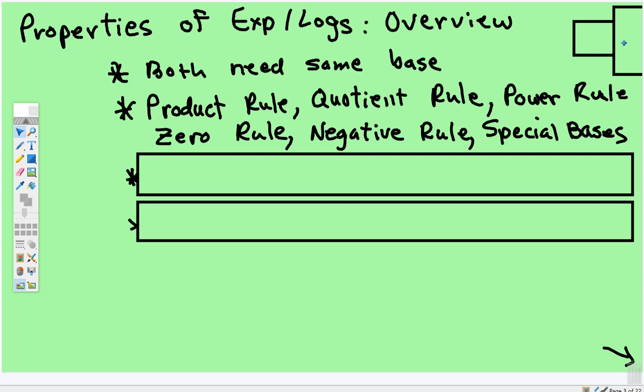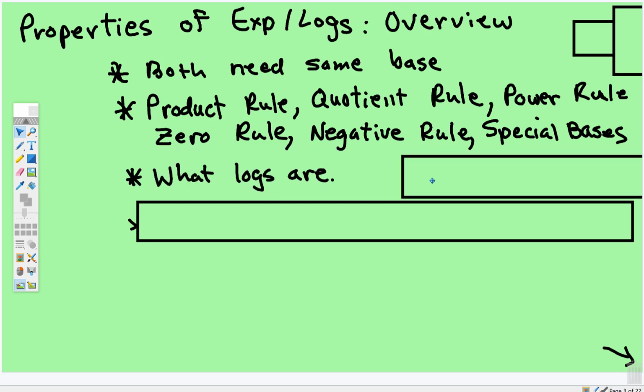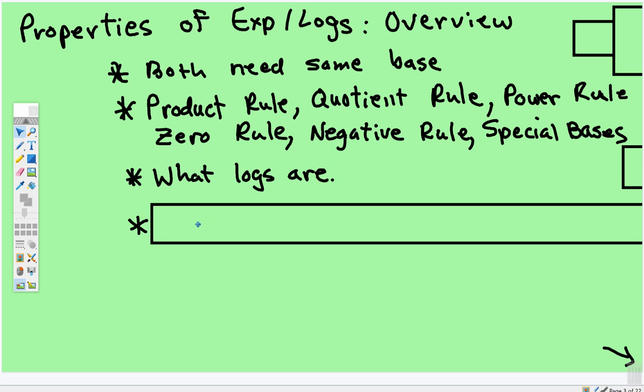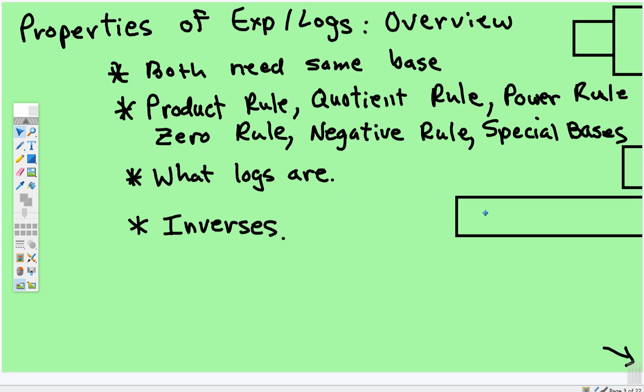When we're talking about the properties, here are some of the things that we're talking about: the product rule, quotient rule, power rule, zero rule, negative exponents, and special bases. We're going to address, in this video, what logs are exactly, because that's kind of mysterious.